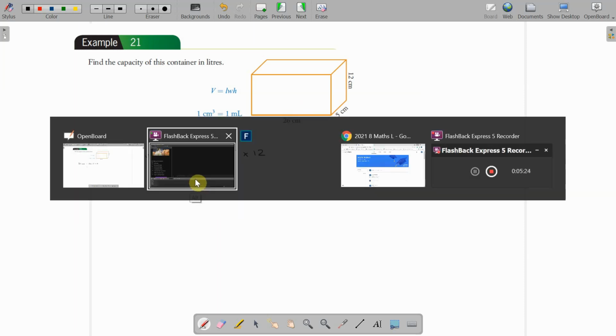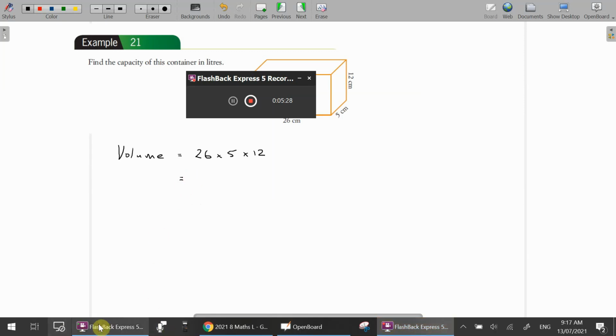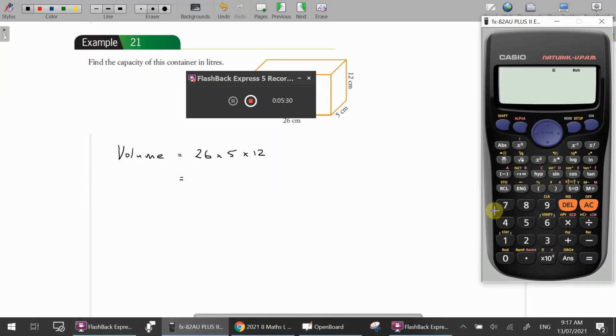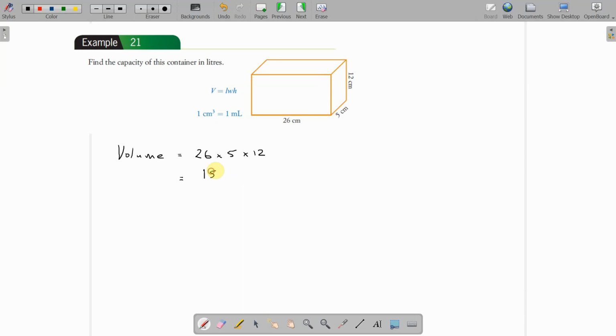Let me find that calculator. Here we are. 26 times 5 times 12 is 1560, and that's in centimetres cubed.